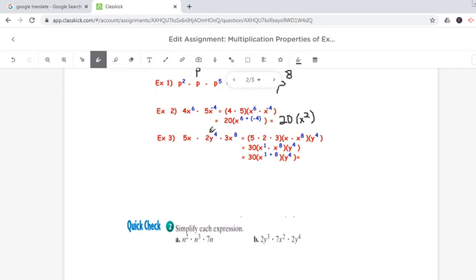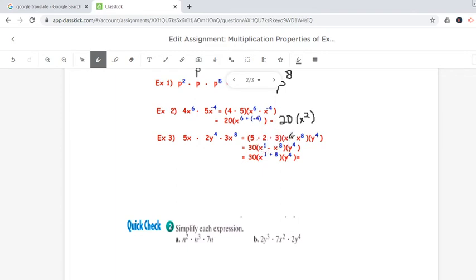And then we put the y, because it's its own thing, y to the 4th. And then we multiply the groups. What's inside each group, we multiply that. So 5 times 2 is 10, times 3, 30.